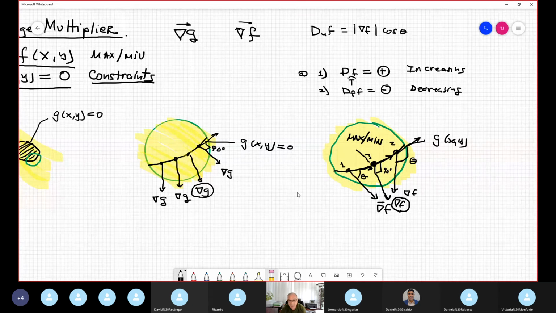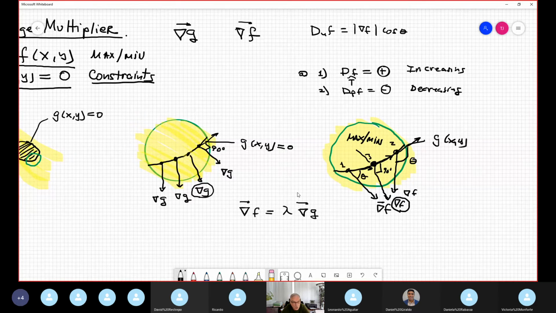This is the discovery of Lagrange. And Lagrange formulated this idea like that. It is parallel. If two vectors are parallel, the magnitude is not necessarily the same. So the gradient of the function is equal to the gradient of the constraint multiplied by something.